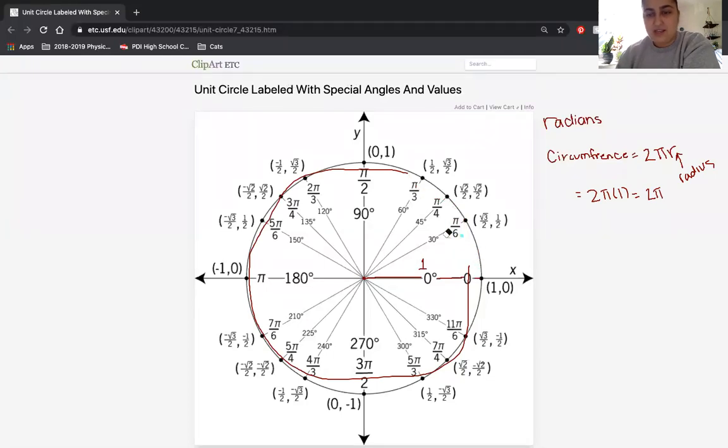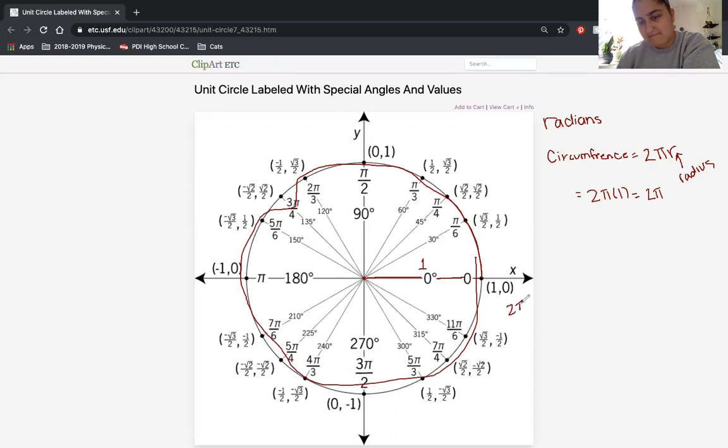There are 360 degrees around a circle, but there are also 2 pi radians, because all the way around the circle, we just discovered, is 2 pi.